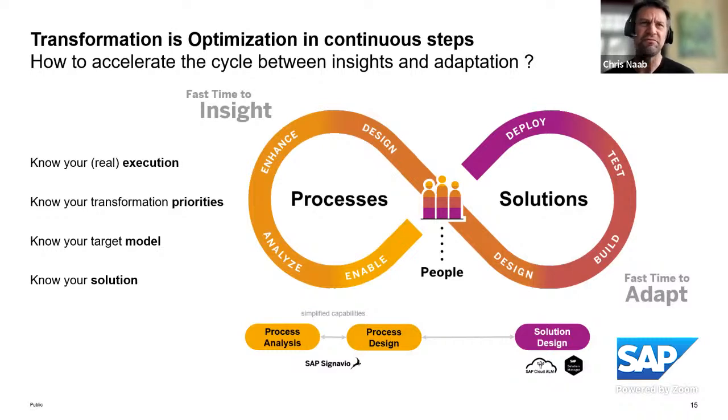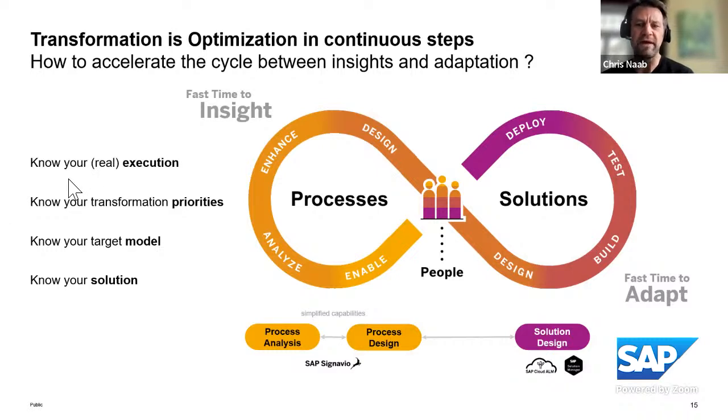So the question is really, how can we accelerate that cycle between the point in time where we understand what is our current situation and the adaptation and how we have to improve. So Signavio helps to accelerate that cycle between insights, understanding our business, knowing the real execution, and the adaptation.